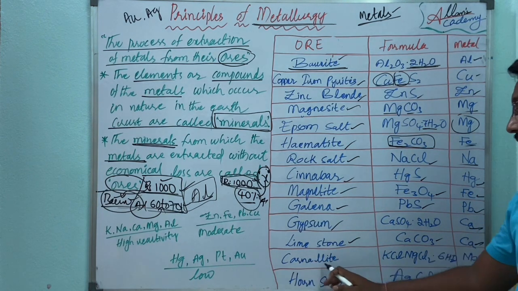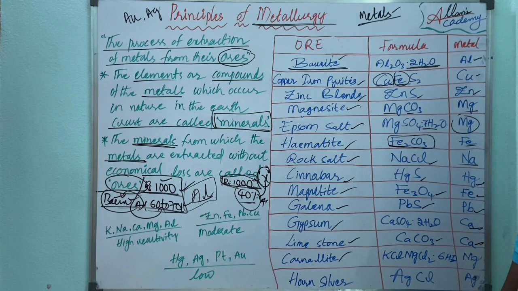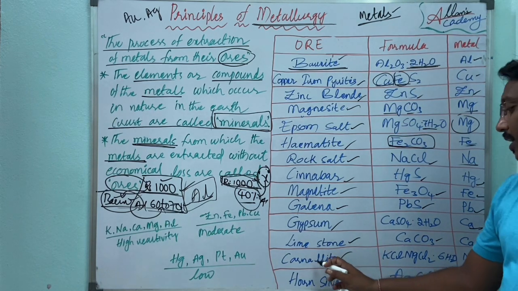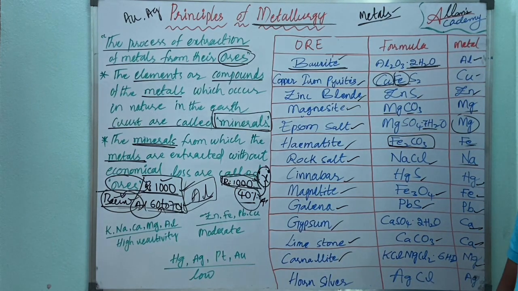And carnallite, KCl·MgCl2. Then it is also an ore for magnesium.